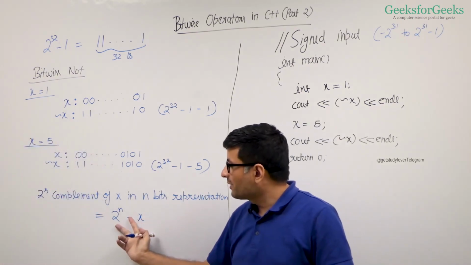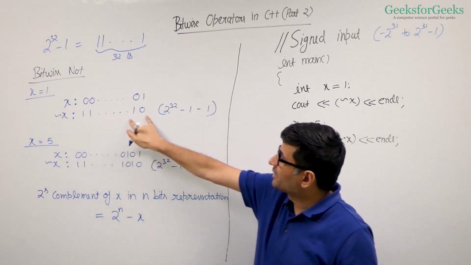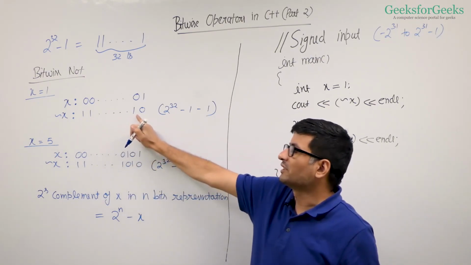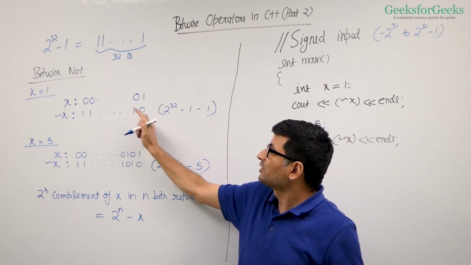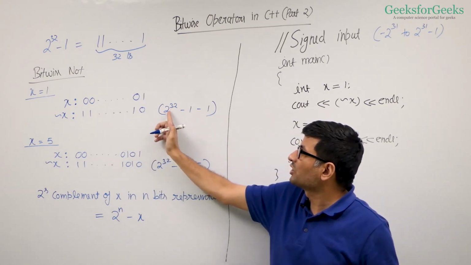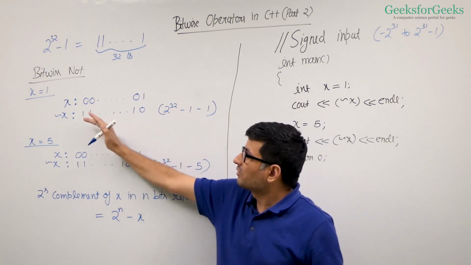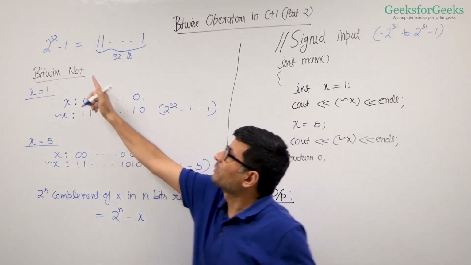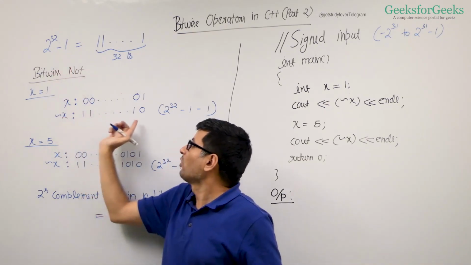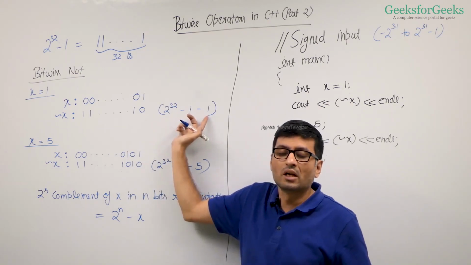If you apply the same analogy here, can you figure out what number is represented by this? It has 31 ones and then a 0. Its decimal equivalent is 2 raised to the power 32 minus 1 minus 1, because all ones means 2 raised to the power 32 minus 1, and when you have all ones but the last 0, you have 2 raised to the power 32 minus 1 minus 1.